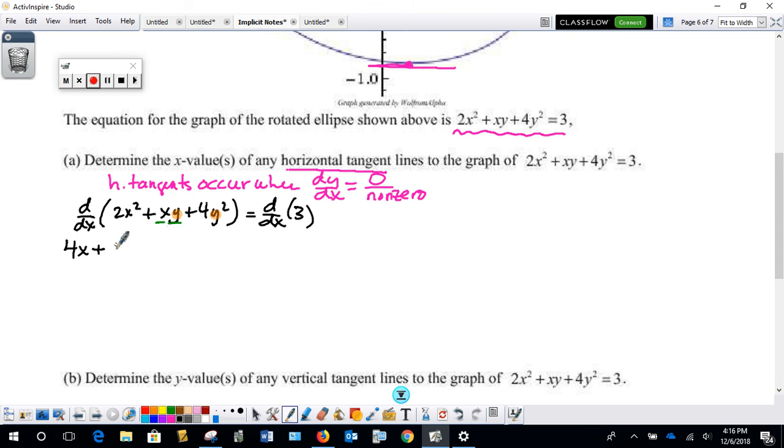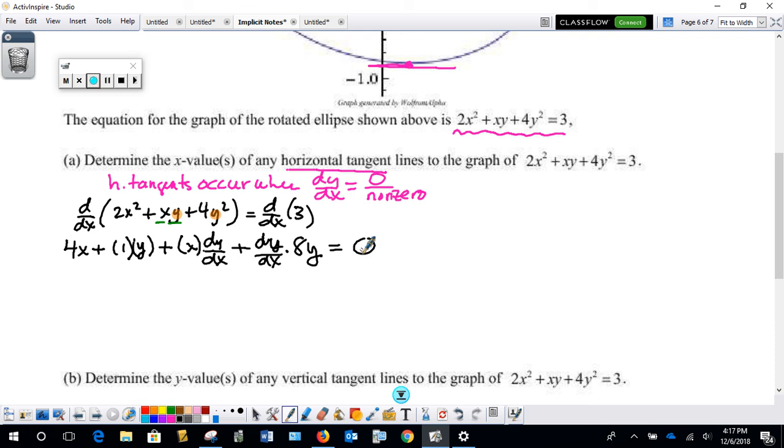So I'm going to have the derivative of the first times the second plus the first times the derivative of the second, plus, now on this I need to do chain rule, so I take the derivative of the inside times the derivative of the outside, and the derivative of a constant is 0. So we get to there.